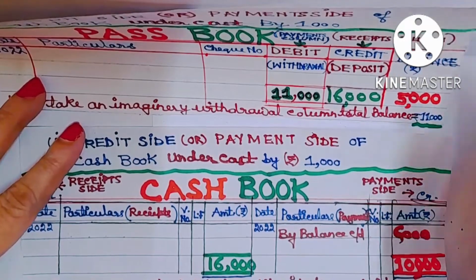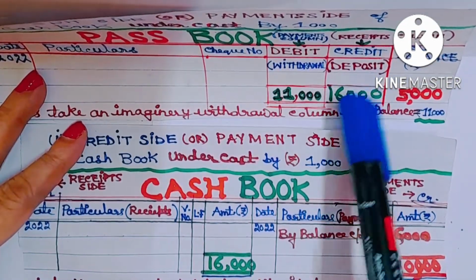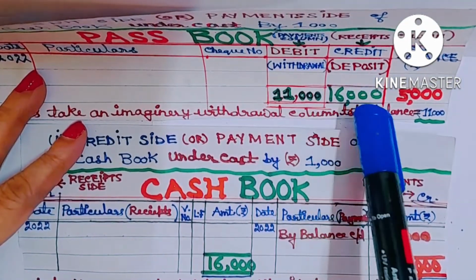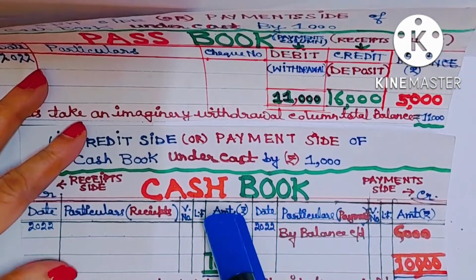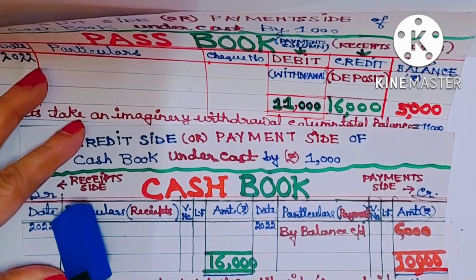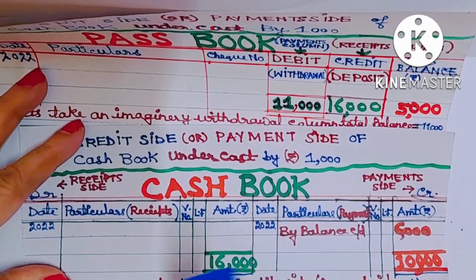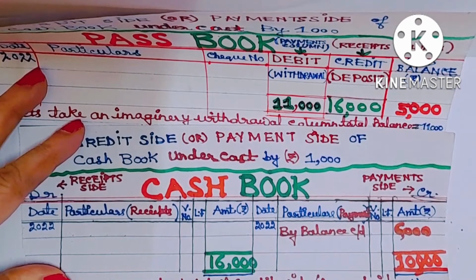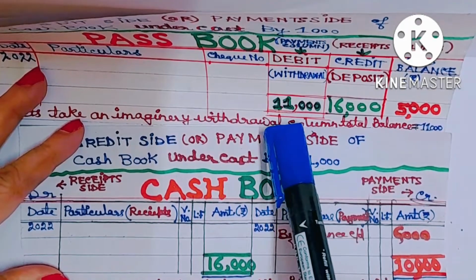Understood? So the total of the credit column or deposit column of the passbook is equal to 16,000, which is correct, as well as the total of the debit side or receipt side of the cash book is equal to 16,000, which is also correct. But the total of the debit column or withdrawal column of the passbook is equal to 11,000, which is correct.